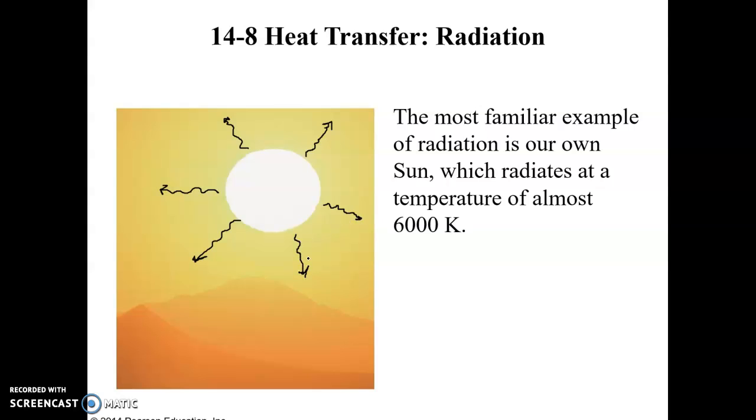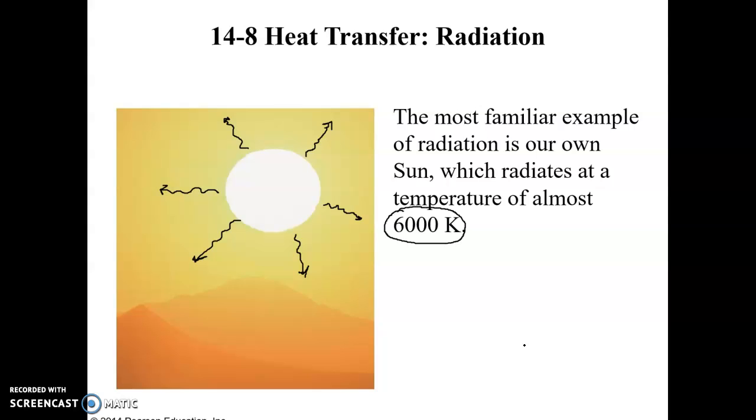Electromagnetic radiation is like an energy wave that can travel through space and brings us the heat from our sun. And it radiates temperatures. The sun is a whopping 6,000 Kelvin.